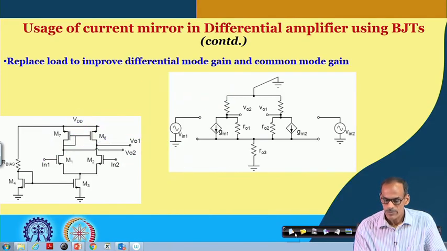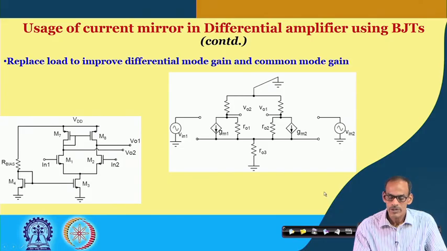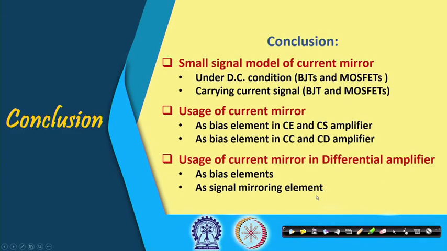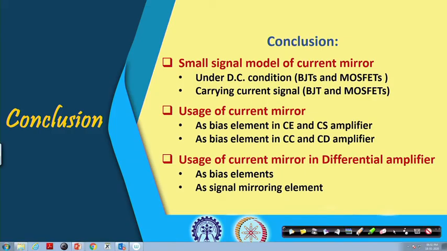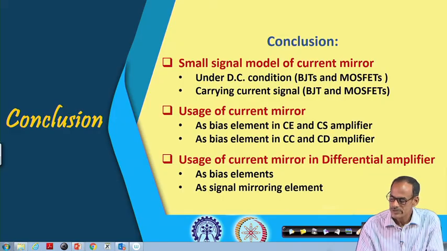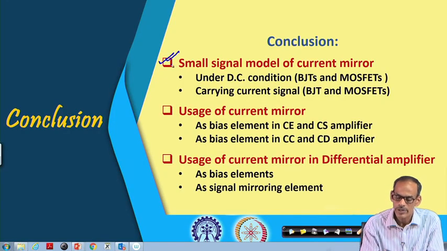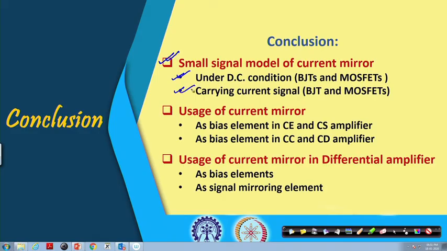I think most of the things I have covered. Let me summarize the presentation. In these 3 parts of this lecture, we started with the small signal model of current mirror, particularly under DC condition as well as when it is carrying the signal current, for both BJT and MOSFET versions.